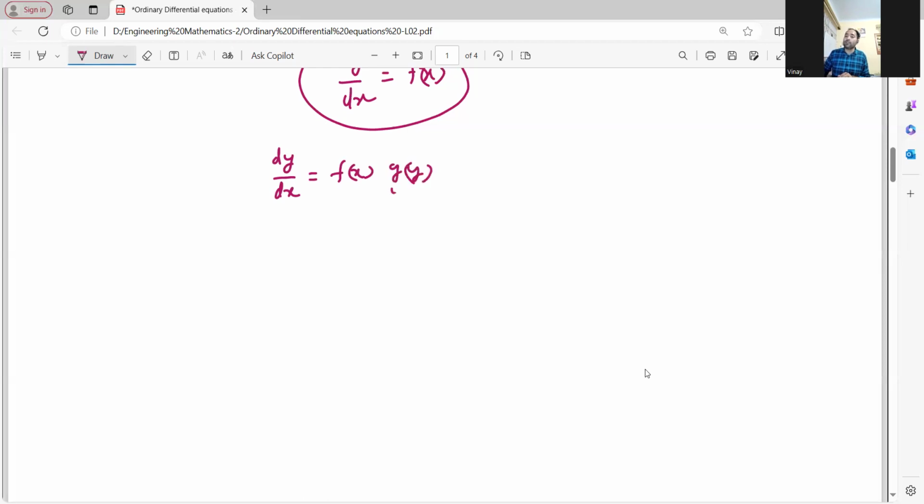So you separate the variables of y separately and the variables of x separately. Now what will you do? dy by g(y) is equal to f(x) dx plus c, and here also you can integrate. Then you can find the solution to the differential equation.